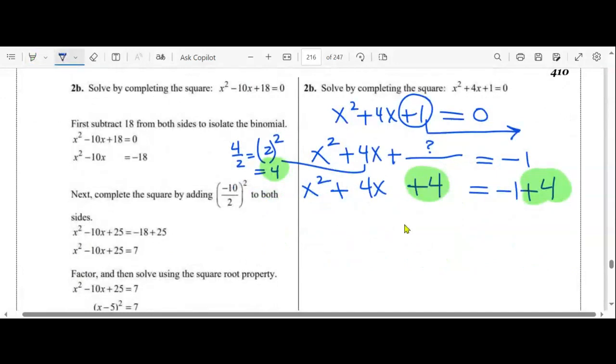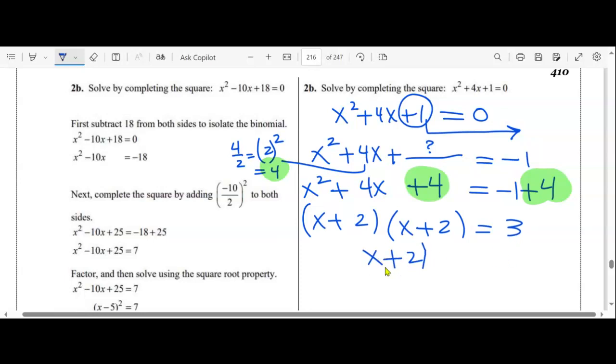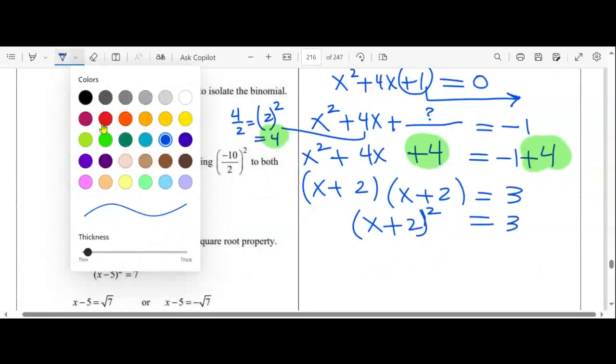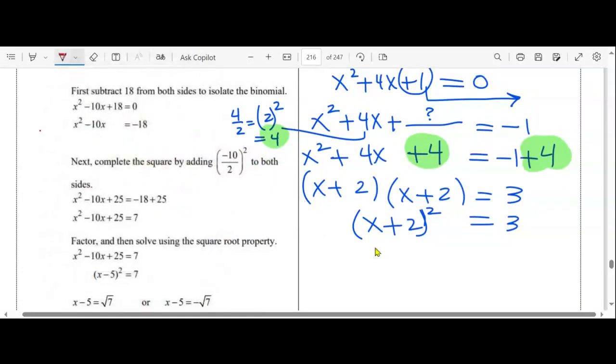Now, can I factor this? x plus 2, x plus 2. What do you get? x plus 2, x plus 2. Here, how much? 3, right? Same on both sides. So can I find x?